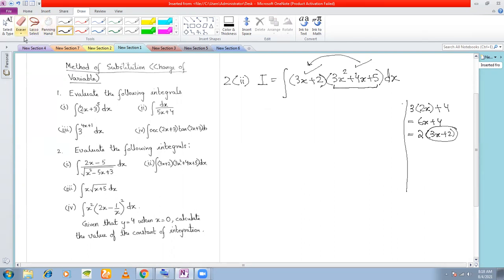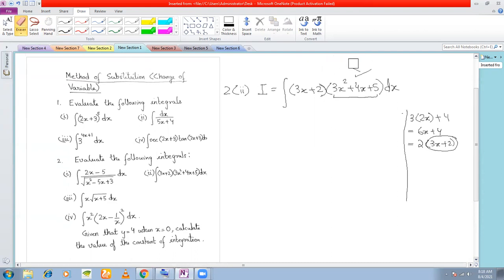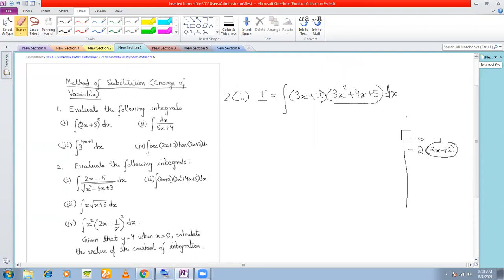So that points towards the fact that we should assume t is equal to 3x square plus 4x plus 5. So I say let t is equal to 3x square plus 4x plus 5.